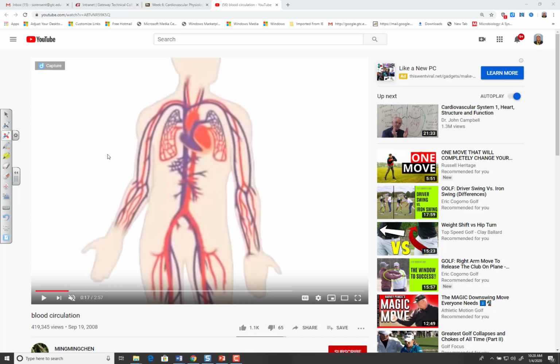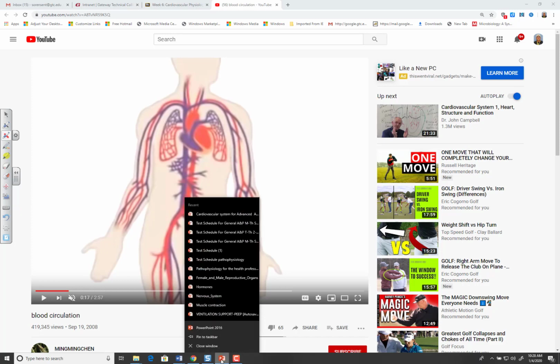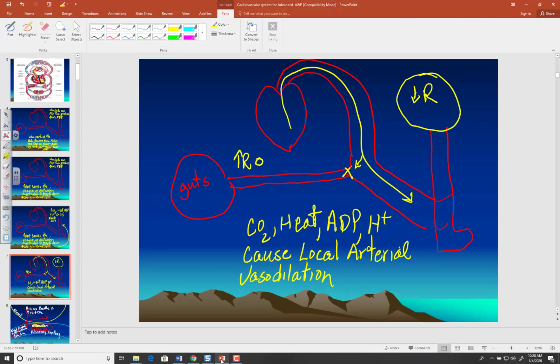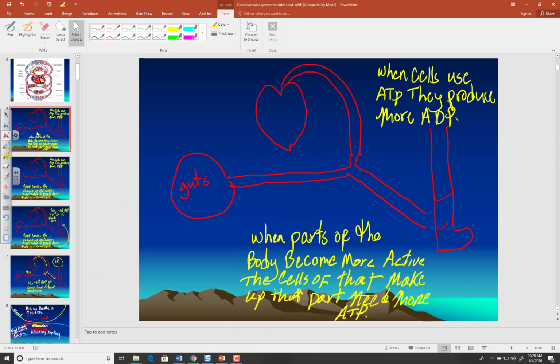We also know that those systemic arteries are under pressure, and what develops that pressure is the left ventricle contracting, so that's systolic blood pressure.